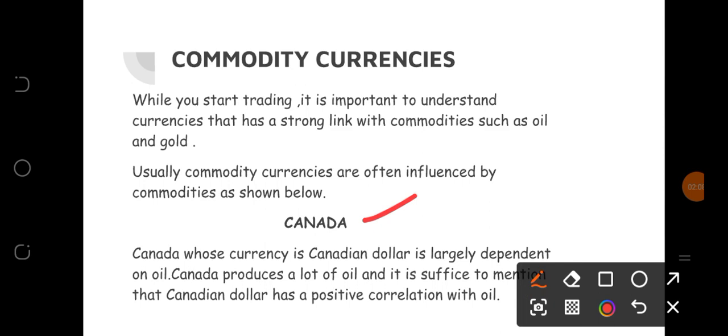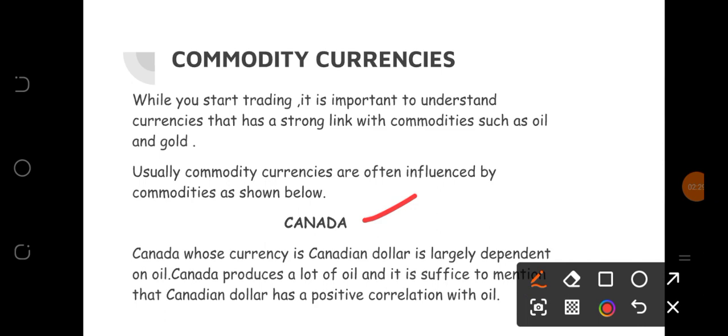With Canada, it is known for its produce of what we call oil. Canada's GDP is widely dependent on oil itself.